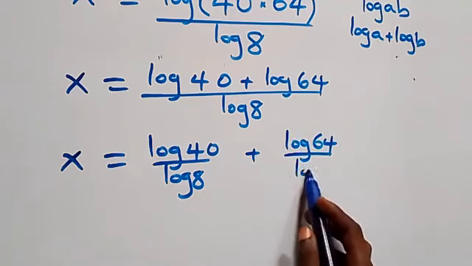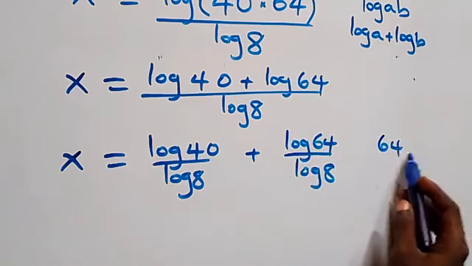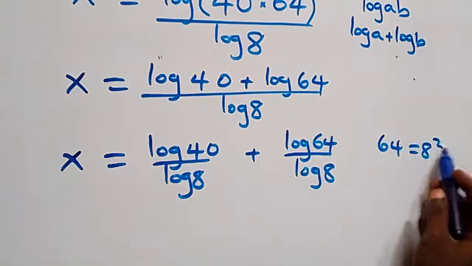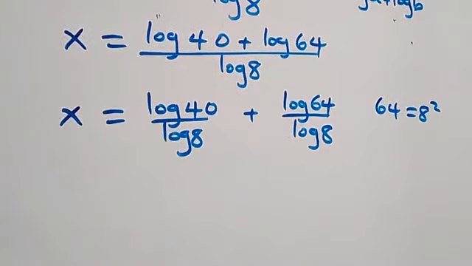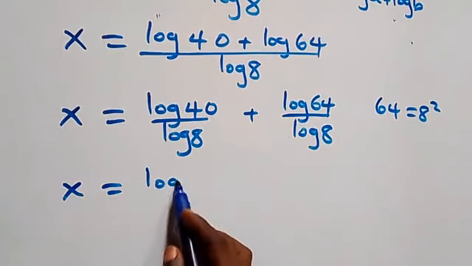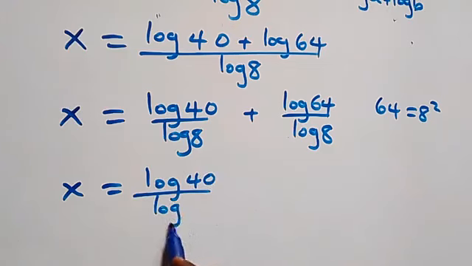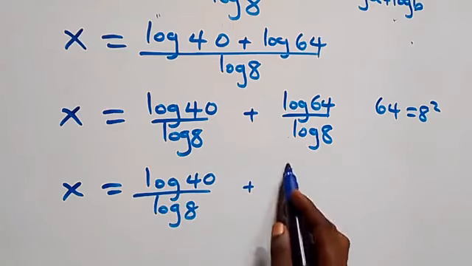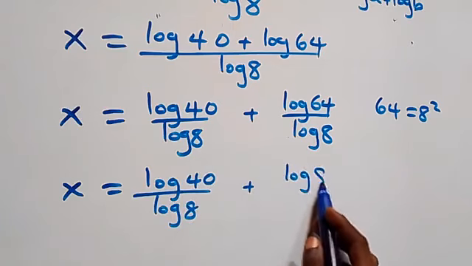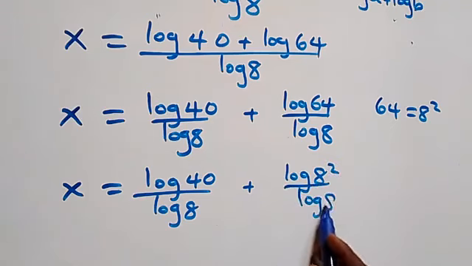over log 8. Then here we can express 64 as 8 times 8, which is 8 squared. And what we have here becomes x equals log 40 over log 8, then plus log 8 squared over log 8.